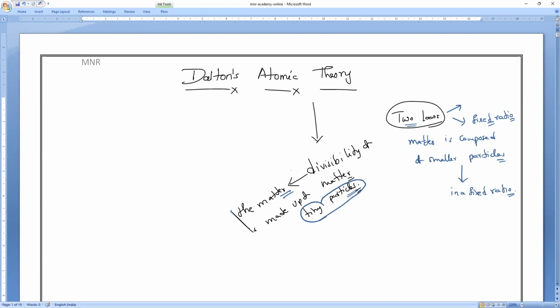There is no big mass without tiny particles; every mass contains a large number of small particles. That is what we call divisibility of matter. About John Dalton, there is a paragraph in the book that you can go through, where he was born, what his life was, and so on.